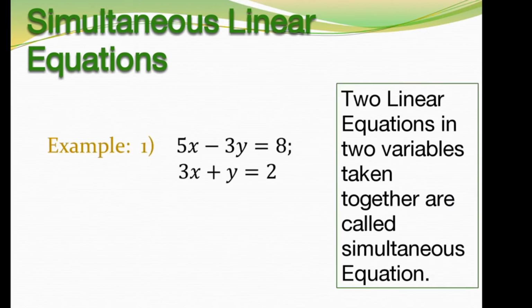Here, if you observe these two examples, the first example contains variables x and y, and corresponding to these variables the degree is 1, so it is a linear equation.